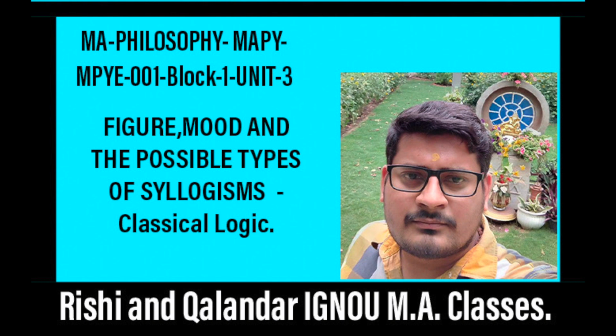Figure number 3: AAI, Darapti. IAI, Disamis. AII, Datisi. EAO, Felapton. OAO, Bocardo. EIO, Ferison. Fourth figure: AAI, Bramantip.